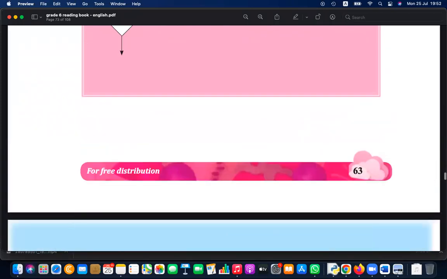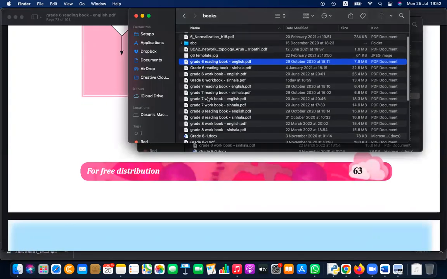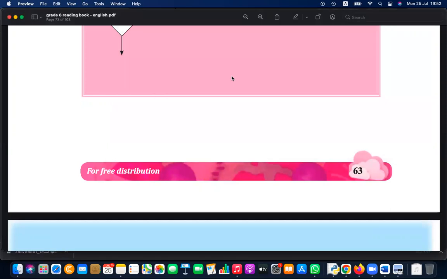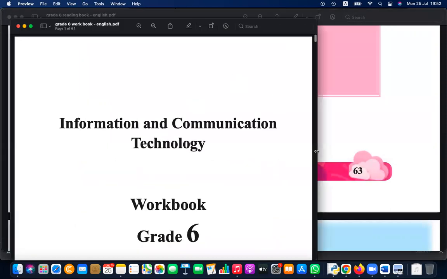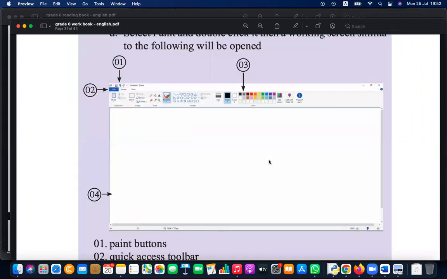So before starting the next one, let me go to the workbook very quickly, as there are things to write down. Under the workbook, chapter number 5. This is our chapter.